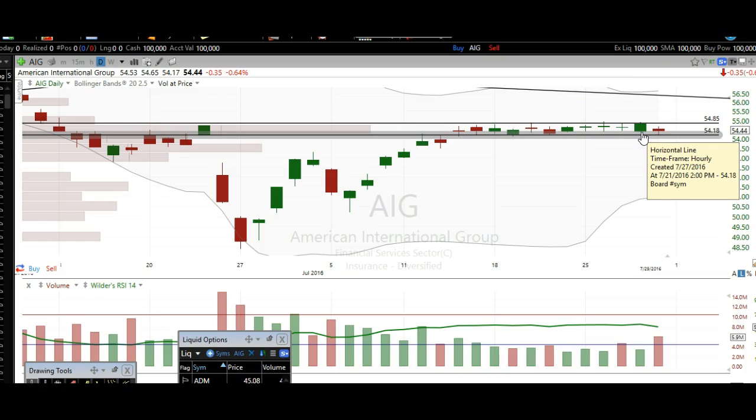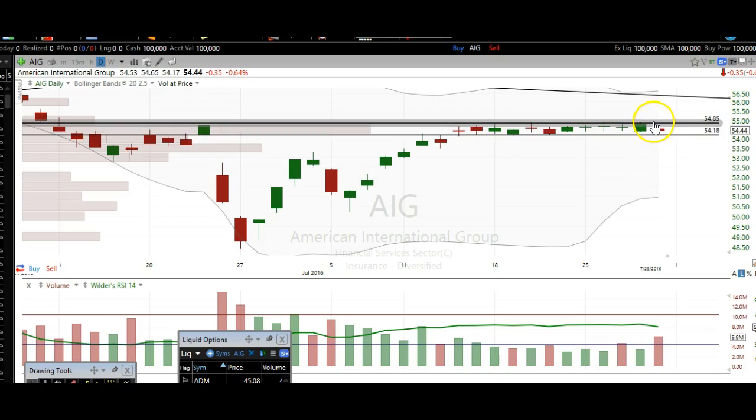Whichever way it resolves, it's going to see a pretty nice move in either direction. So you want to see a break below about 54, or a break above 55, and that should see a pretty nice breakdown or breakout. Either direction, that's what you want to look for on AIG.